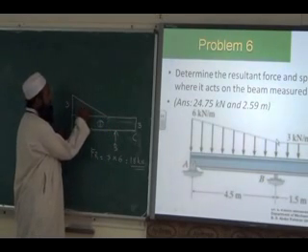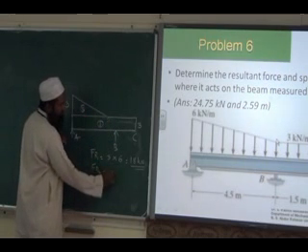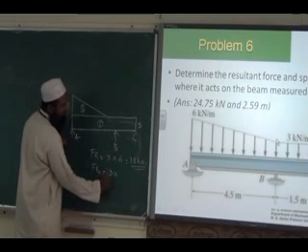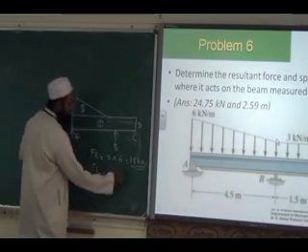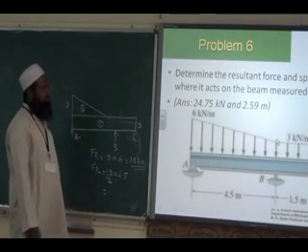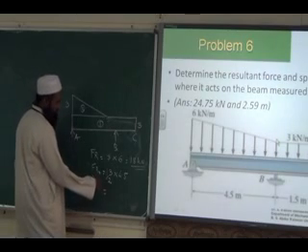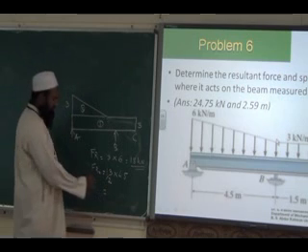This is 2. So FR2 is 3 into half, 3 into the height 4.5. How much will it be? 6.25.